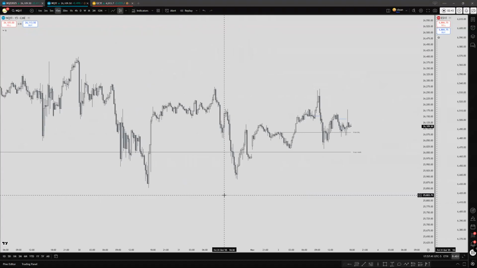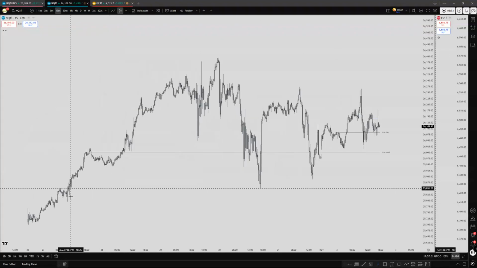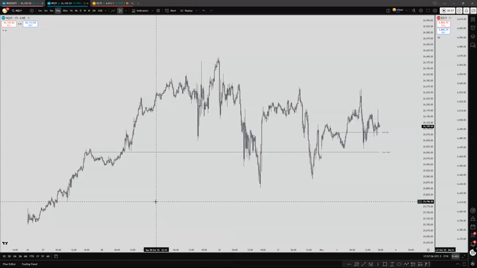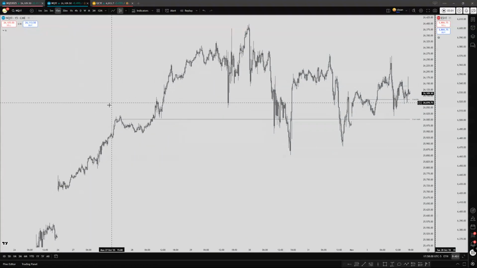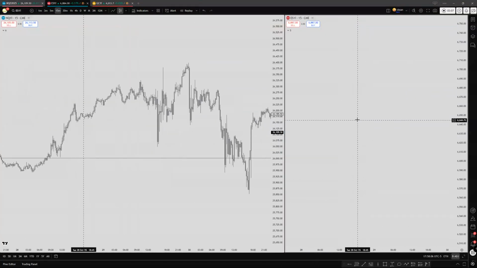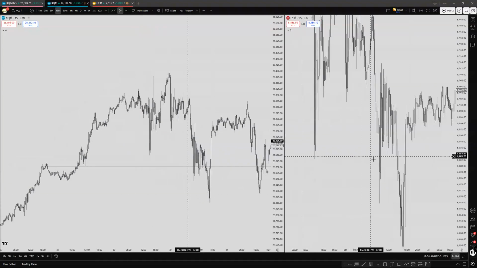If I mark it out, today's the 3rd, so Friday. There's this entire range. Monday was weird, so I didn't trade that day in particular, but I see a very clean setup going here.